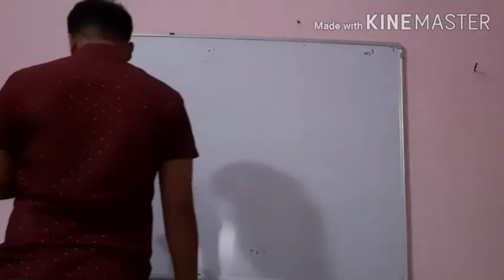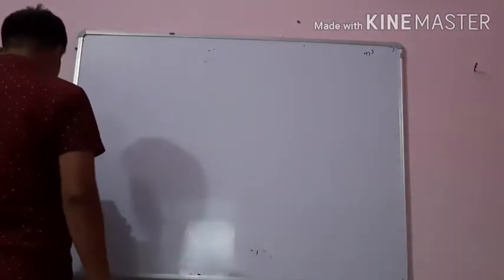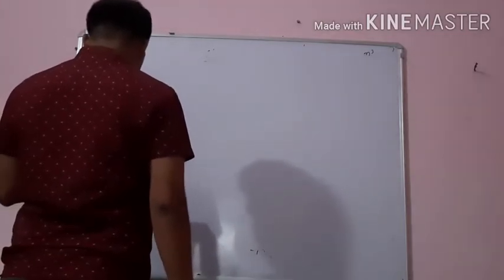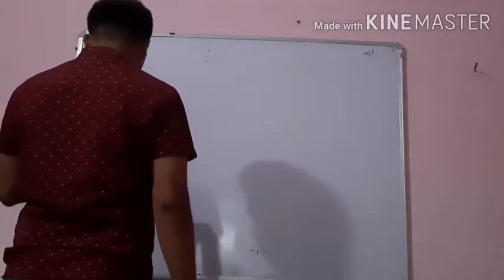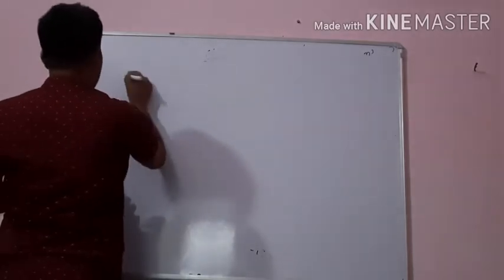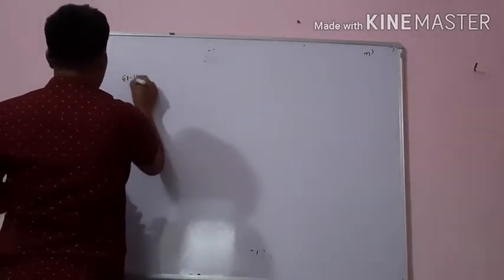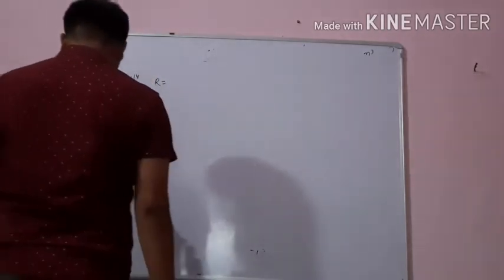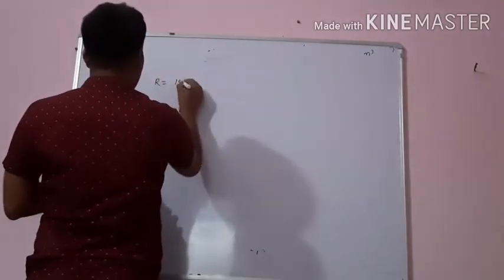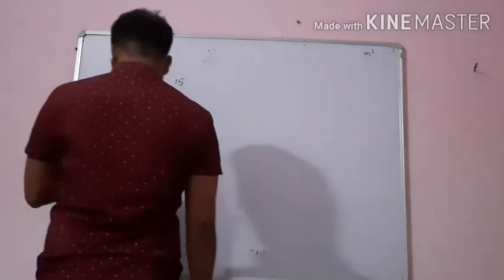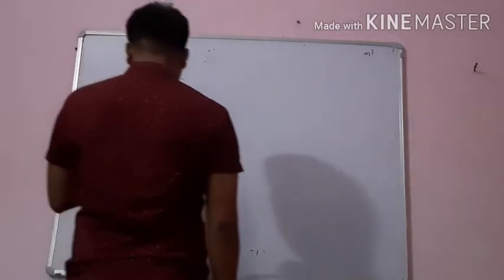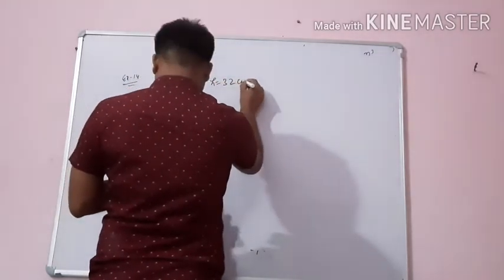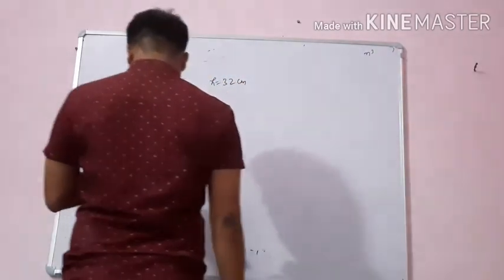A stall keeper at one of the food stalls has a large cylindrical vessel with base of radius 15 centimeter. What is given in example number 14? Radius is given equal to 15 centimeter and filled up to height of 32 centimeter with orange juice.